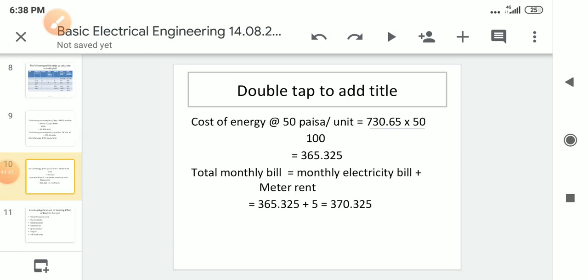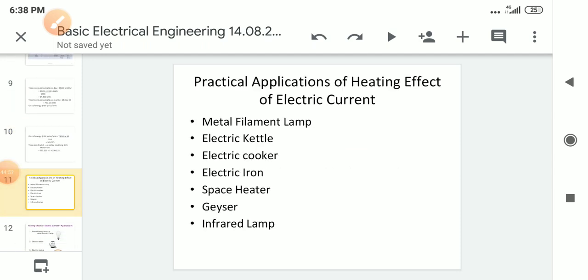After that, we moved to our theoretical part, that is, the practical applications of the heating effect of electric current. These are the different appliances we use in our day-to-day common life: metal filament lamps, kettle, cooker, iron, heaters, geysers, infrared lamps.